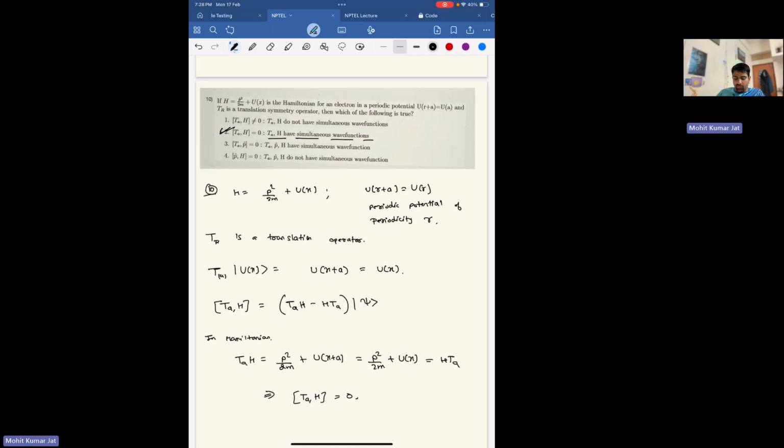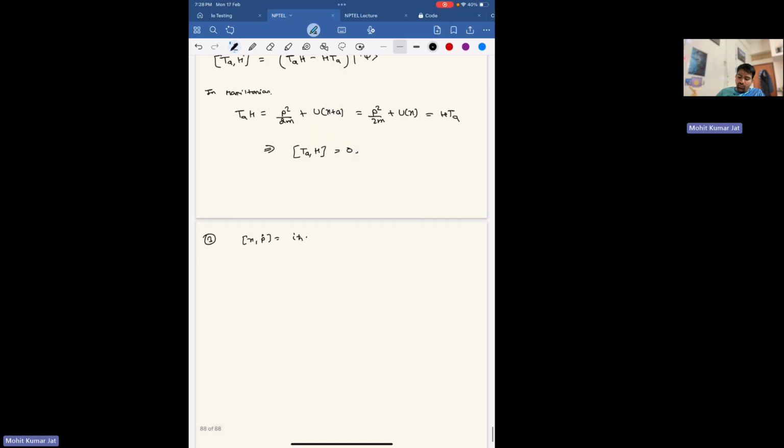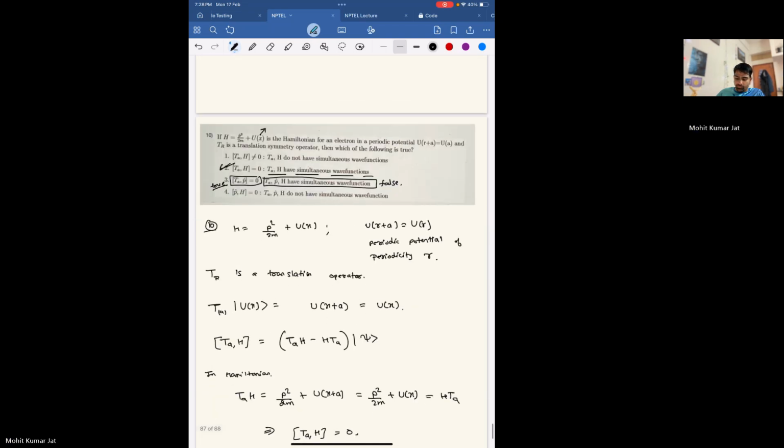It commutes with P. This section is true. But T_a, P and H have simultaneous wave function, this is false. Why? Because P doesn't commute with H, because H has a function of X, and X and P don't commute, they give a non-zero number which is i h bar.